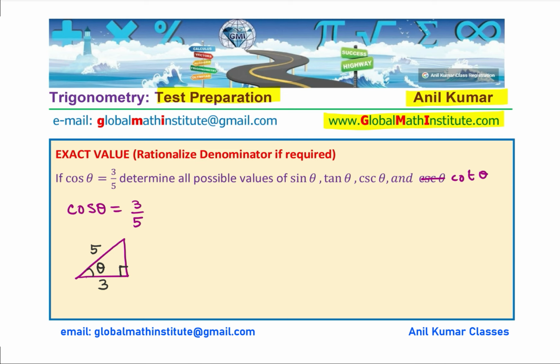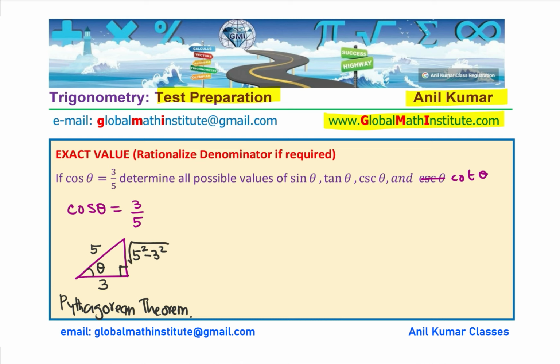Remember that. So the first step, of course, will be to find the third side. So use the Pythagorean theorem. To find this side, it is definitely the square root of hypotenuse square minus adjacent side square.